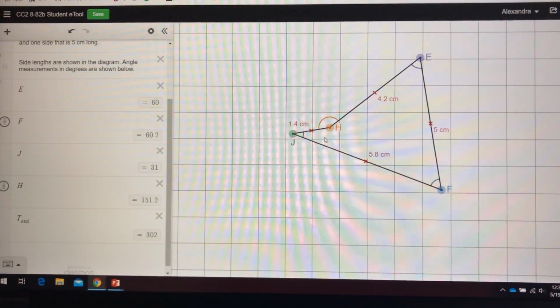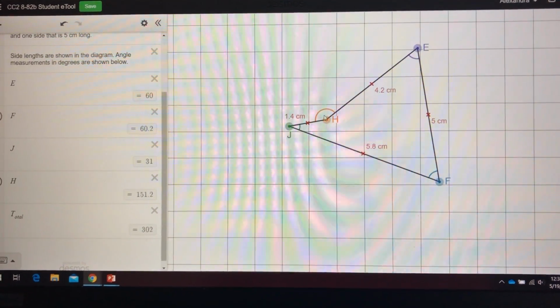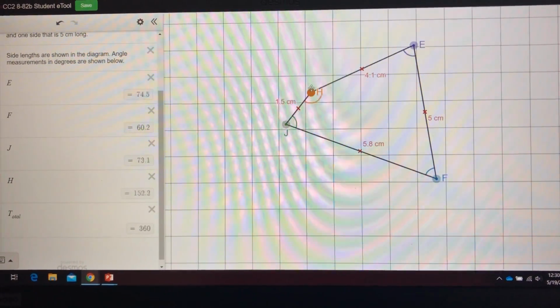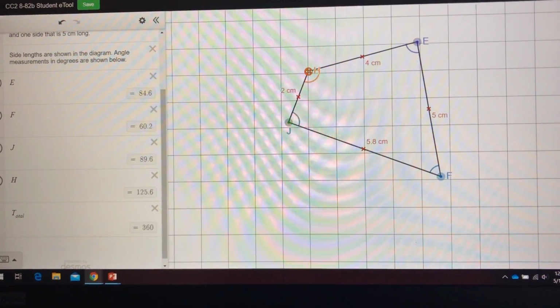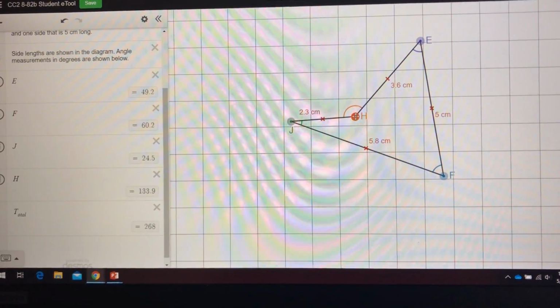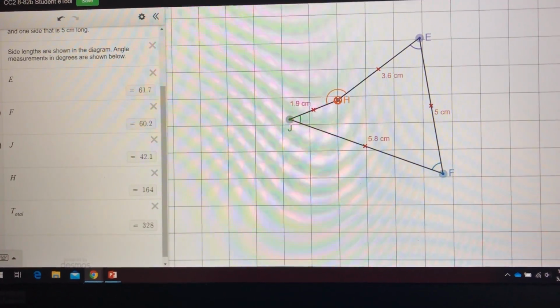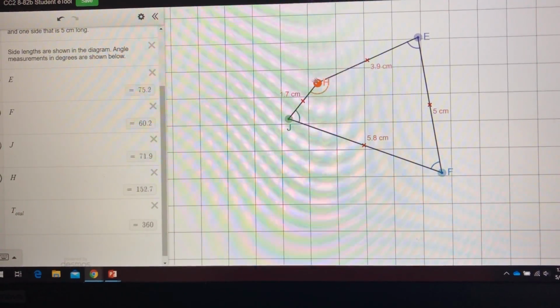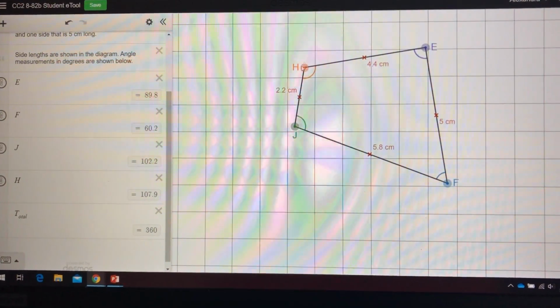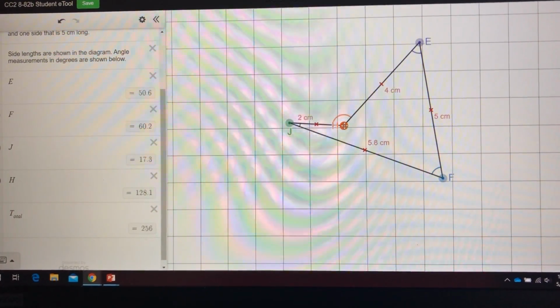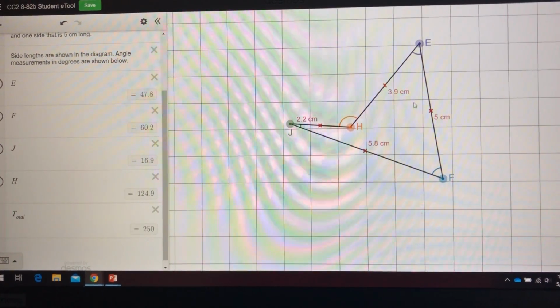What? I must have messed up there somewhere. It should be adding up to 360. Oh look, you know what? You can't have it concave like that, because if it's concave like that, then it's not 360 anymore. So it has to be, oh, and you know what? If you do that, you have 1, 2, 3, 4.